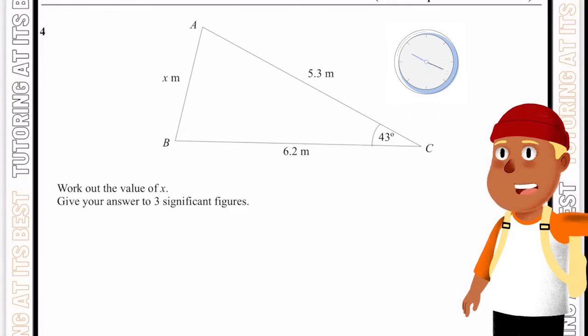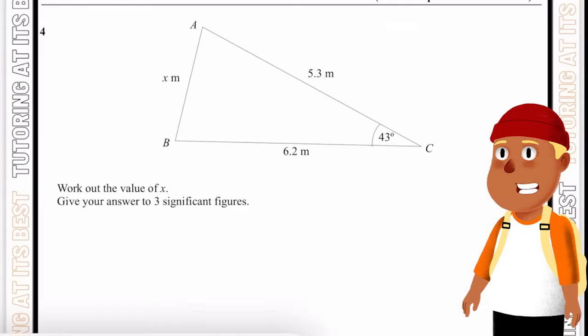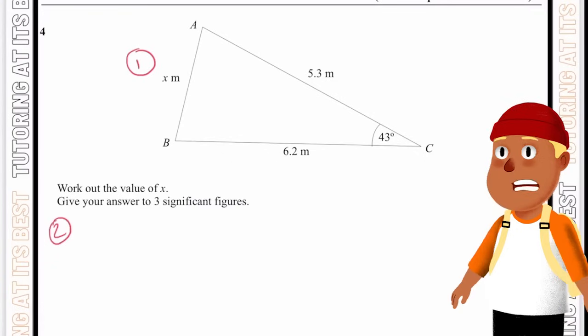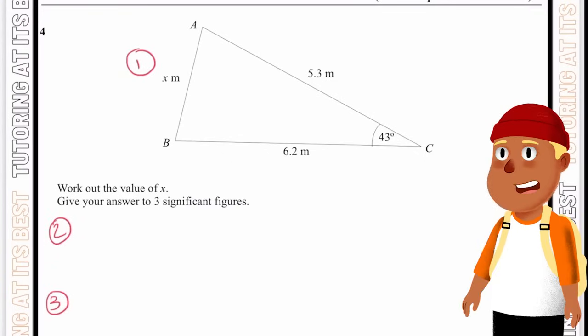Okay, wonderful. So let's go through this and let's write out our step 1, which is to label our sides. Step 2, which is our formula. And step 3, to go ahead and substitute and calculate our answer. So we start off with labeling our sides.